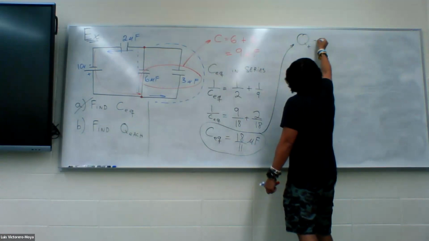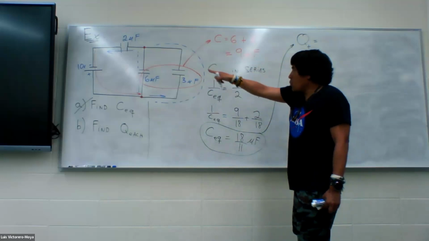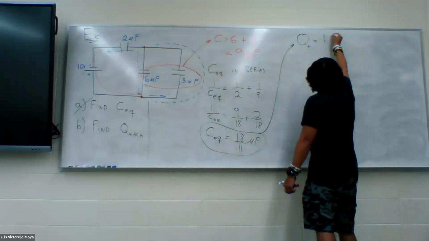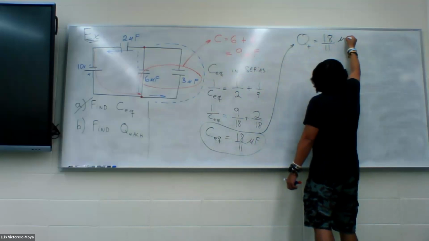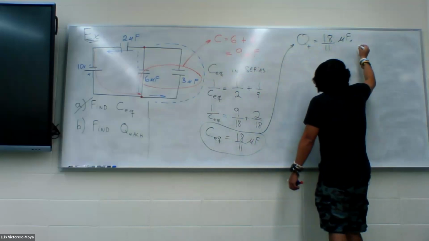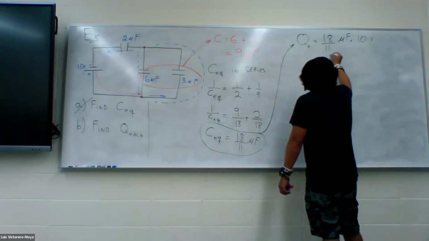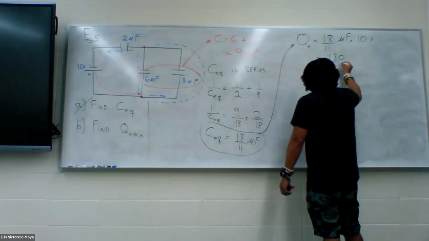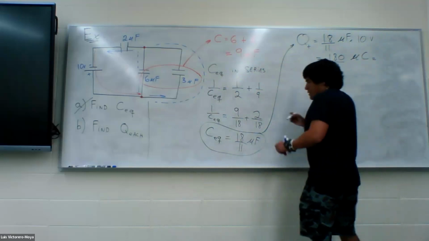The charge is the equivalent capacitance times the voltage supplied there. And that will be 180/11 microcoulombs. Okay, let's approximate there.